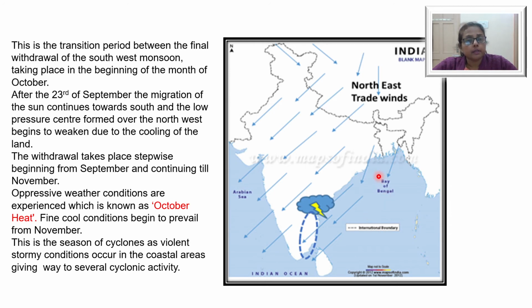However, during this time the retreating monsoon, which we also call the northeast monsoon, while moving above the Bay of Bengal, picks up moisture and brings a lot of rainfall to the eastern coast of Tamil Nadu and parts of Sri Lanka.